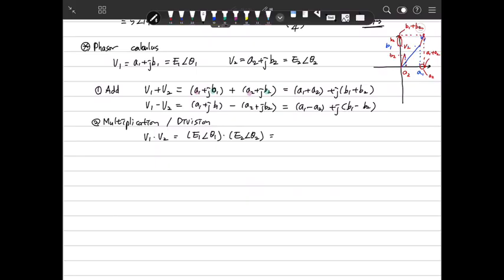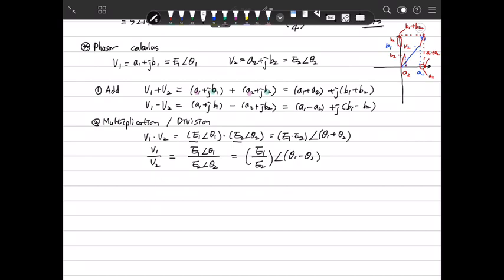The magnitudes are multiplied with each other, and for phasors, when you multiply, the two phase angles should be added. When you divide V1 by V2, that will be E1 at theta 1 divided by E2 at theta 2. Then the magnitudes are divided, E1 divided by E2, and the phase angles are subtracted.